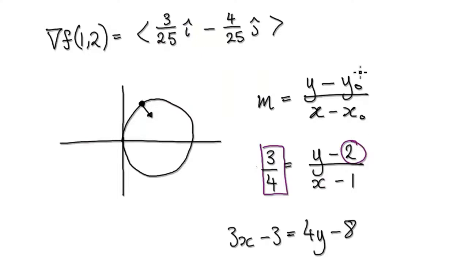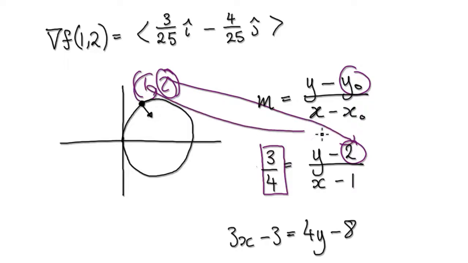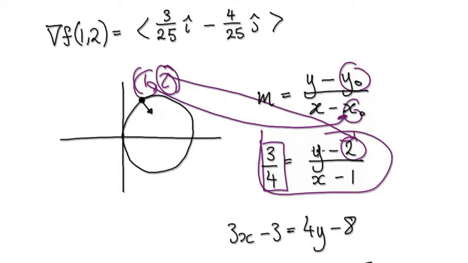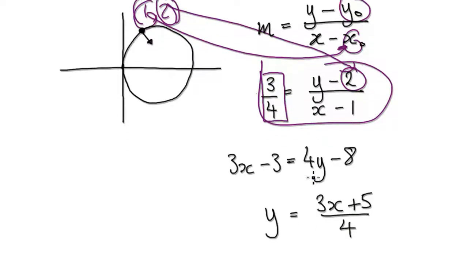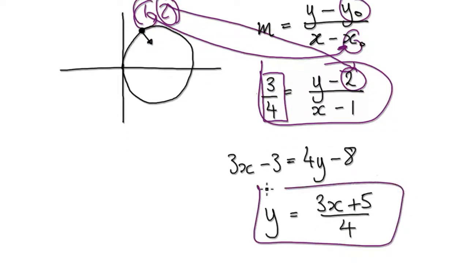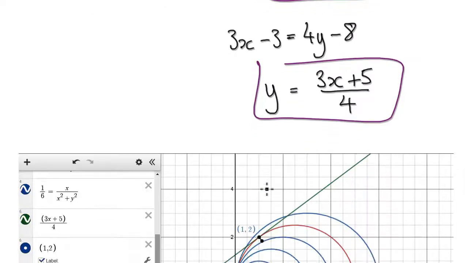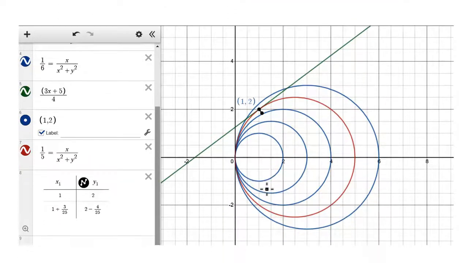At that particular point, 1, 2, I'll put the 1 into the x here. That will give us this thing here. Well, the equation of that tangent line is given by this. If you jump to a graph plotter and plot everything in, the level curve at that particular point is this red line here.